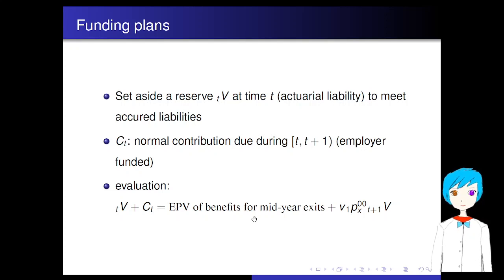The normal contribution made by the employer during year t to t plus 1 is denoted by C of t.